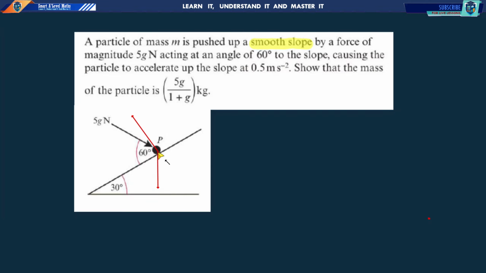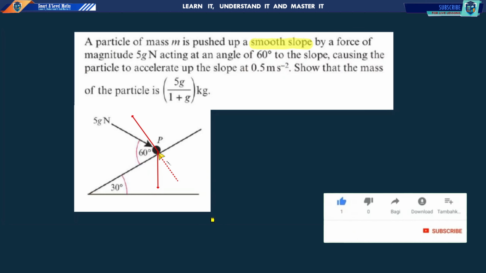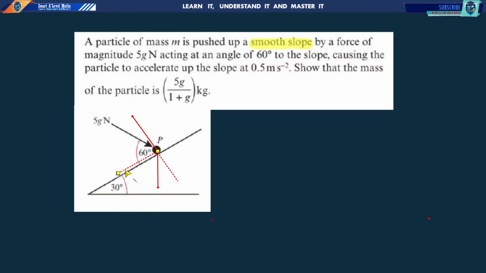Our weight is acting perpendicular down to the ground, and we also need a line that will give us the angle. We need to have also a horizontal line to the plane where we're going to do the resolution. So if I draw a horizontal like this, and this is exactly also at 60, this force can be resolved along this dotted line.